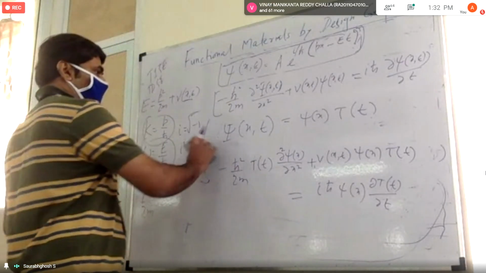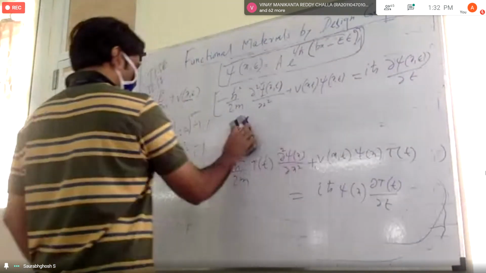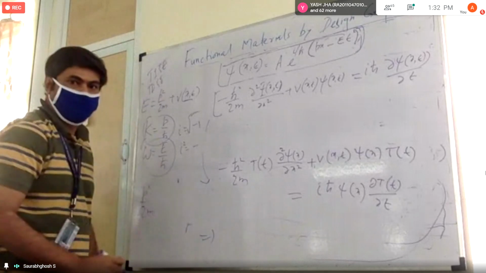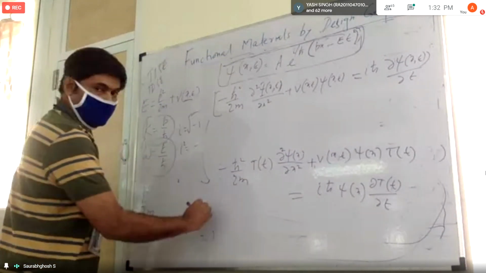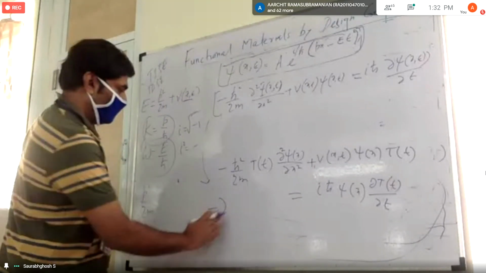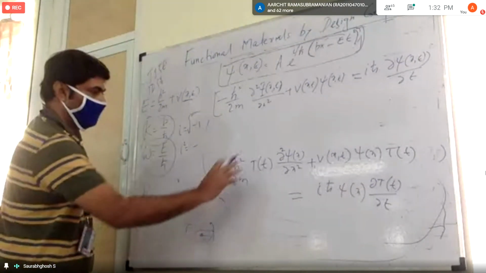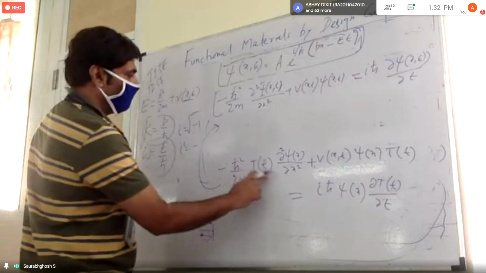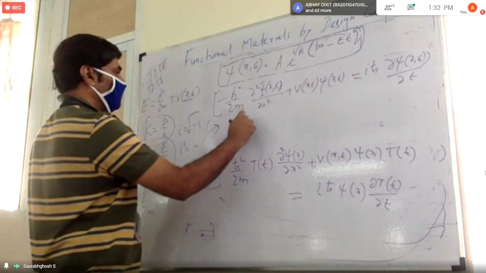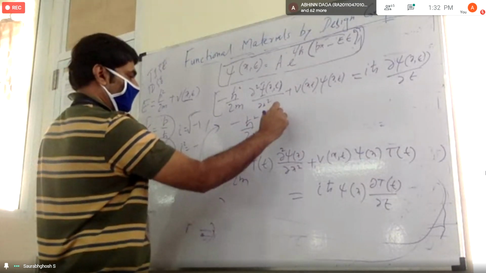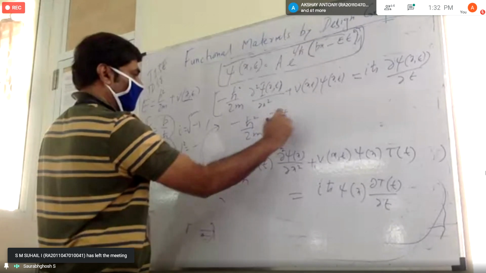Yes, you're dividing by the product of it. So it becomes minus h squared by 2m, del squared psi by del x squared.